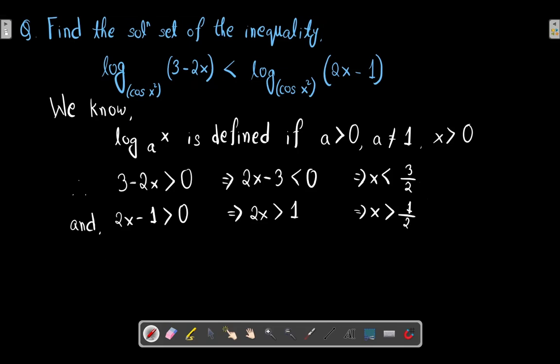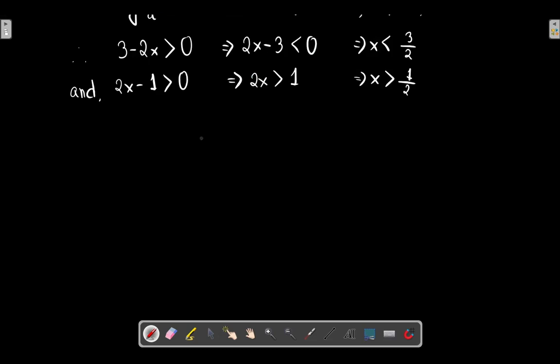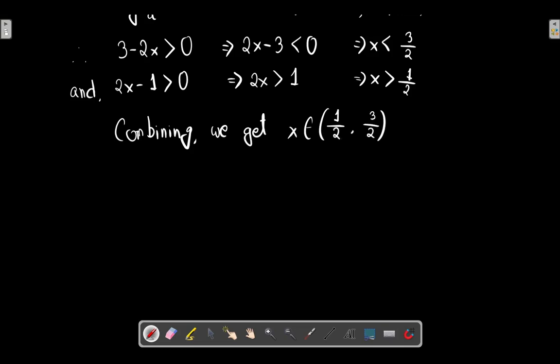If we combine both of these, combining means we take the intersection. We see that x belongs to the interval half to 3 upon 2. This 3 upon 2 is 1.5 and half is 0.5. So combining, so far we get x belongs to the range half to 1.5.